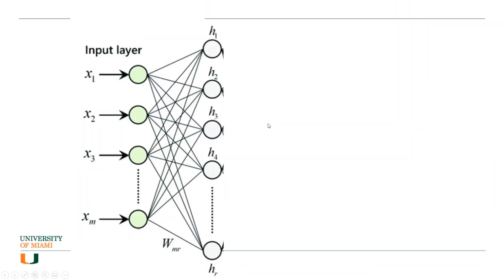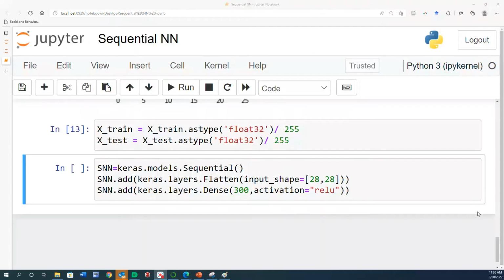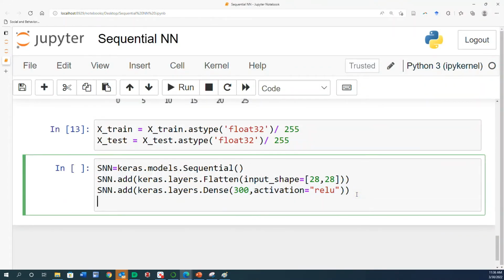What I'm going to do is add the second hidden layer as well. For the second hidden layer, again, because it's a dense network, everything's going to be connected. However, the number of nodes, instead of 300, I'm going to reduce down to 100. The activation remains the same. So I would go ahead and copy this, paste it down here. Instead of 300, I'm going to have 100.